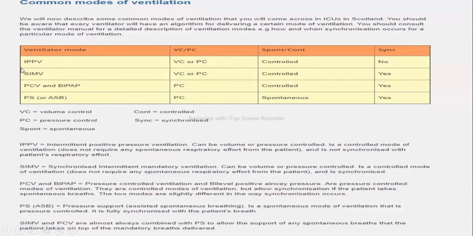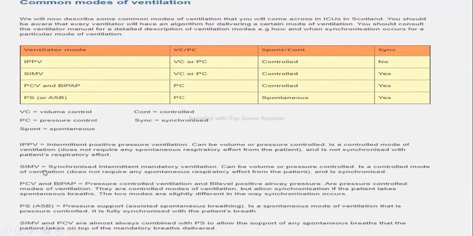The most important here is SIMV mode. It can be volume controlled or pressure controlled. So it's spontaneous or controlled, and synchronized. This is the most important mode you can choose in most patients.